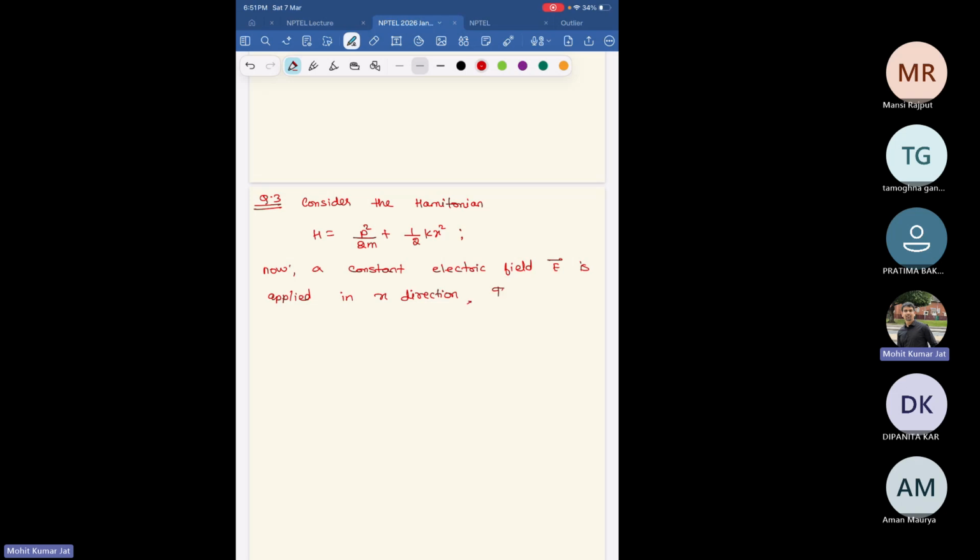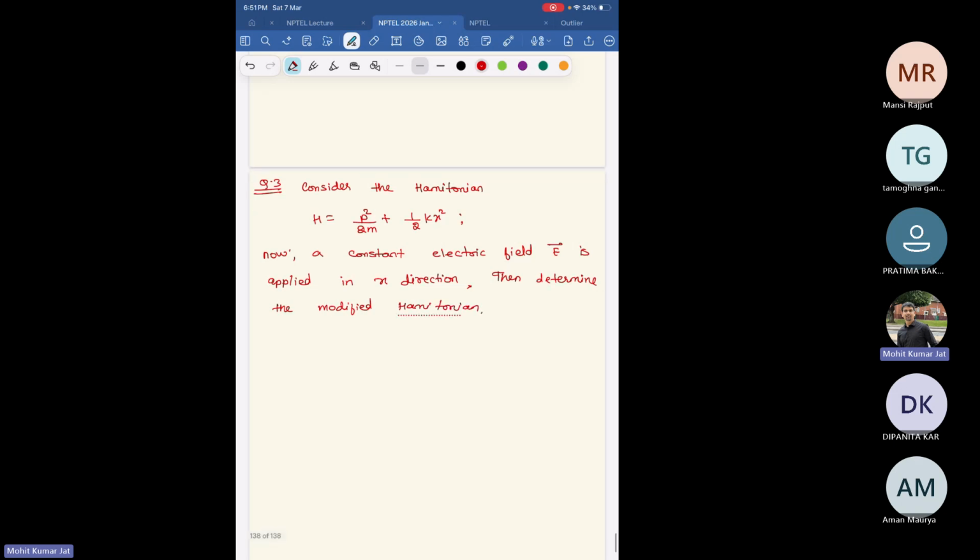Then determine the modified Hamiltonian.